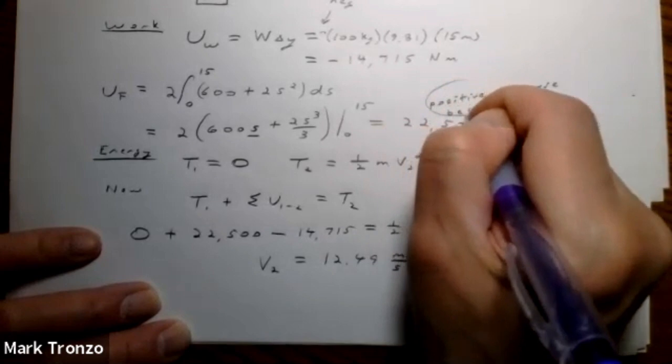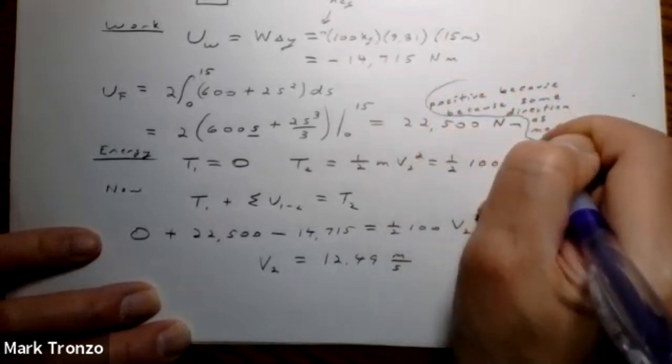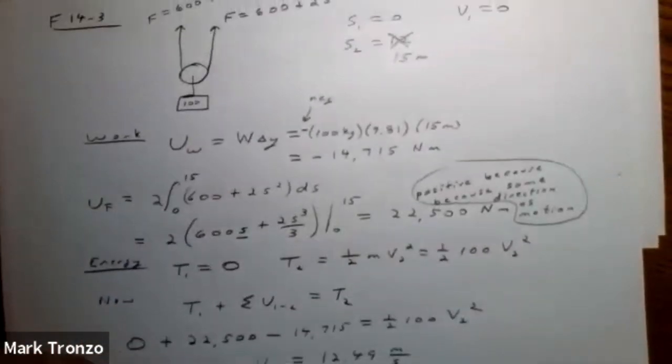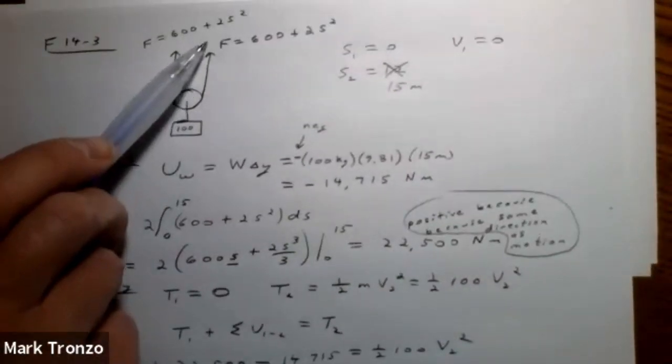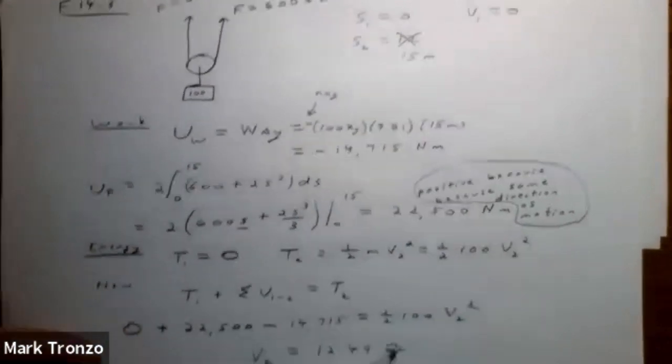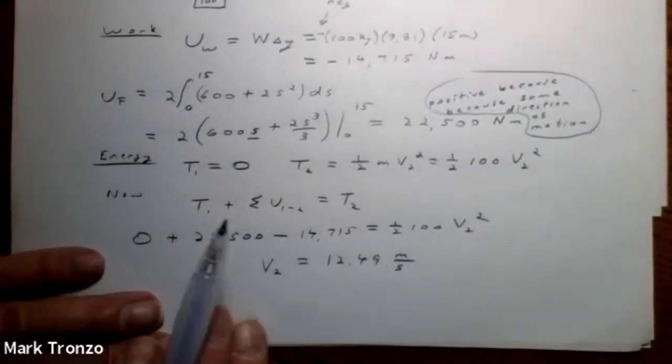It's pulling it up this way, let me show the picture again, and so of course that's where it's moving. So it's actually contributing to the direction of the motion.